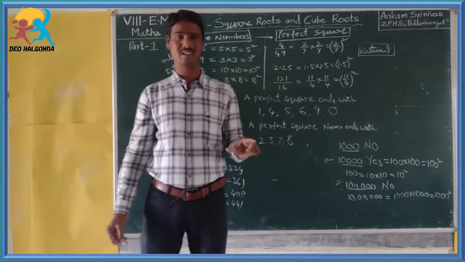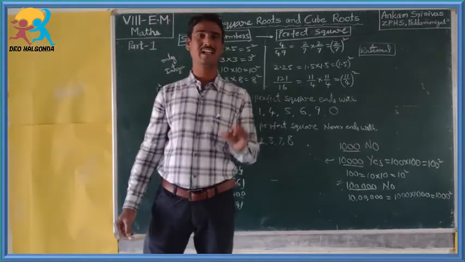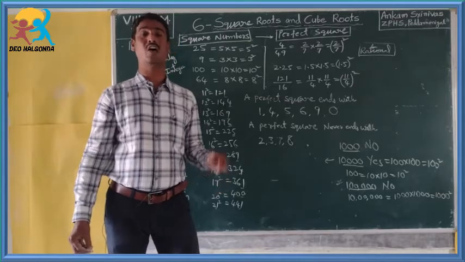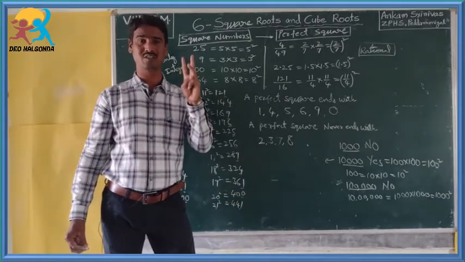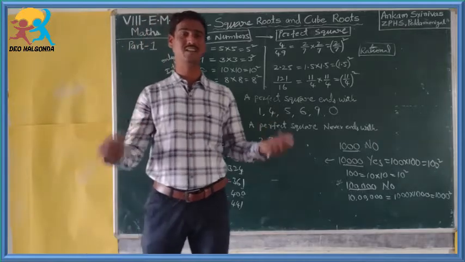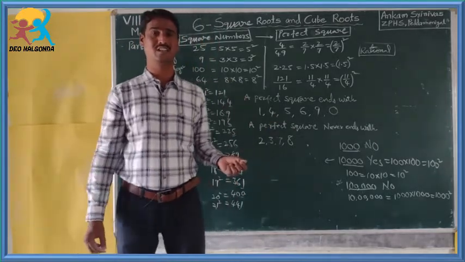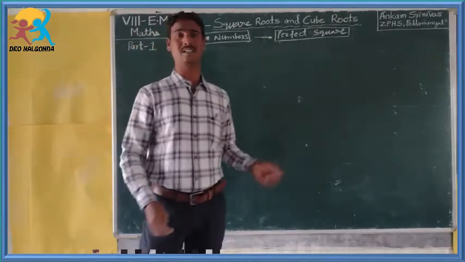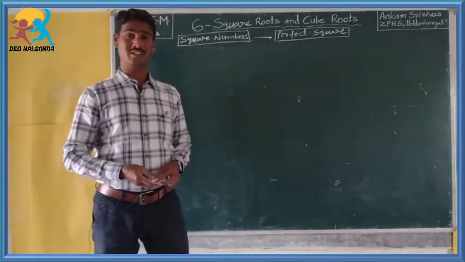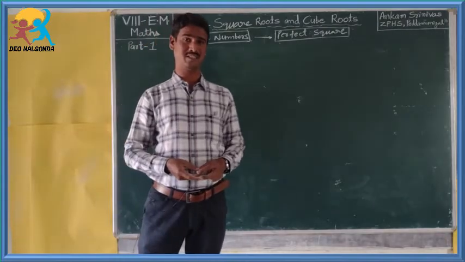If a number contains an odd number of zeros, that means 1 zero, 3 zeros, 5 zeros, 7 zeros, 9 zeros, it is not a perfect square. Let's see some more interesting perfect square numbers.